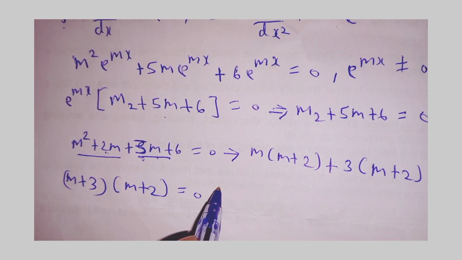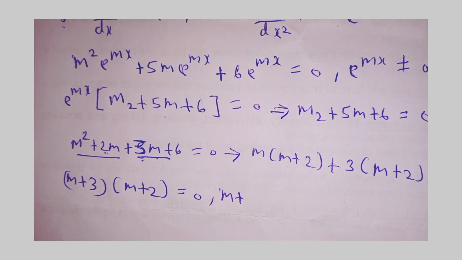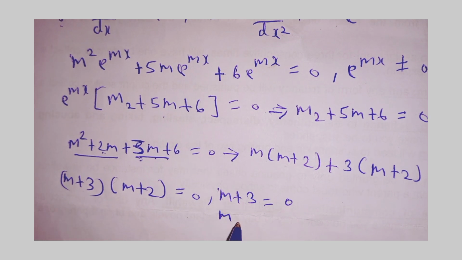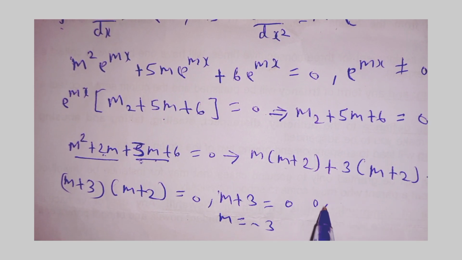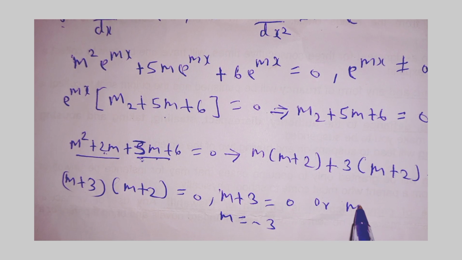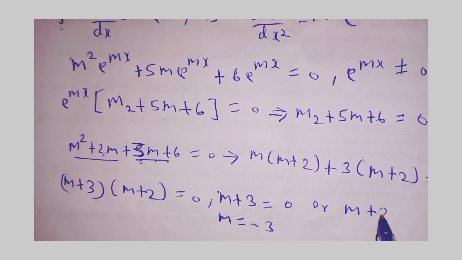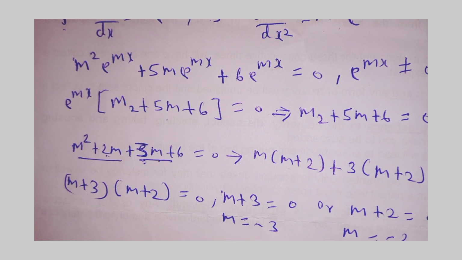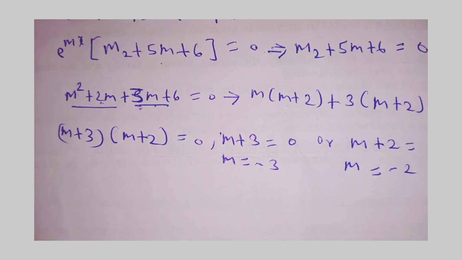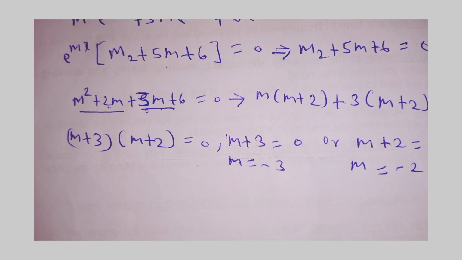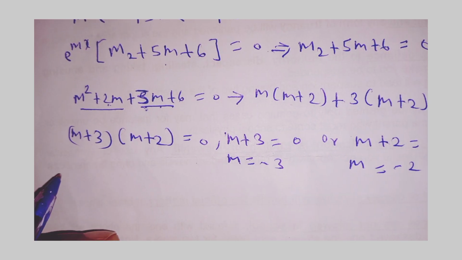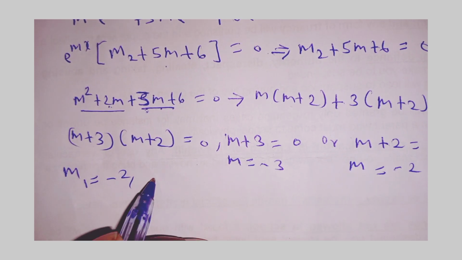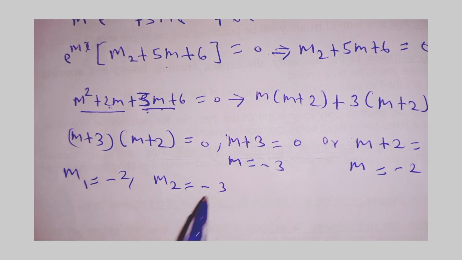Meaning that either m plus 3 is equal to 0, meaning that m is equal to negative 3, or m plus 2 is equal to 0, meaning that your m is equal to negative 2. So our m1 is equal to negative 2 and our m2 is equal to negative 3.